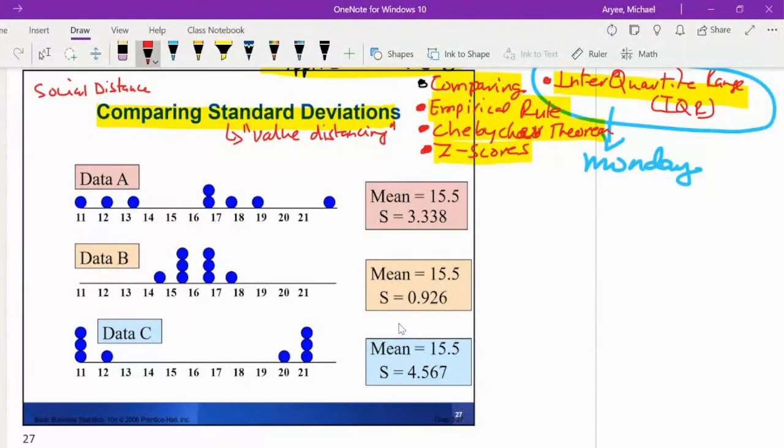Okay, so when we look at the diagram we have here, we could see that data set B, the values are very much closer to each other. Data set C is very far. So this is high social distance, this is low social distance, and this is somewhere in between.